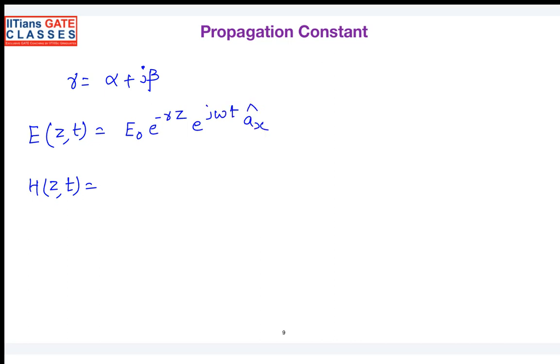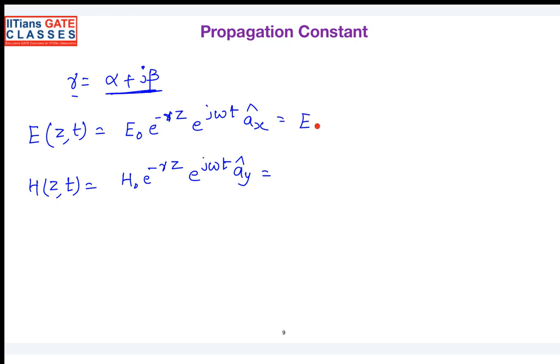Similarly, the magnetic field is H naught e power minus gamma z e power j omega t in the y direction. If we substitute gamma equal to alpha plus j beta, how does the equation become?